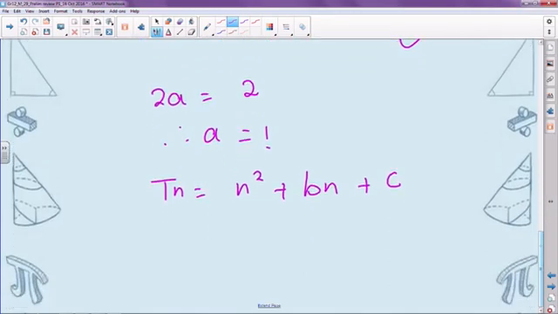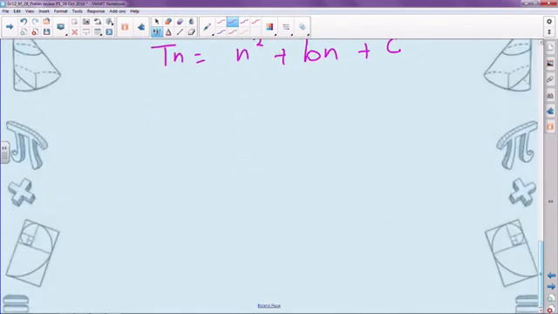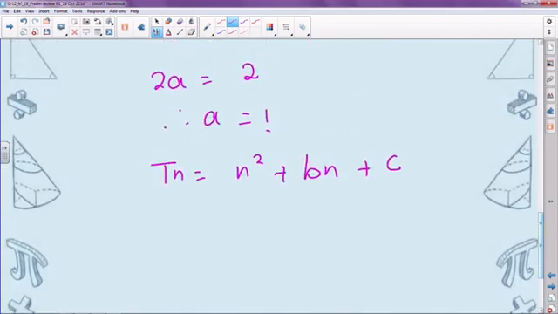All right. Now, the way I like to work out the value of c, remember your quadratic sequence, if you were to plot your quadratic sequence, it would look very similar to a quadratic function, which means c would give you the same value as term naught. It will be the y-intercept, all right? So c is term naught.